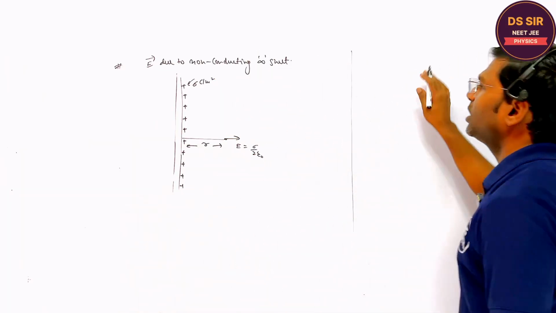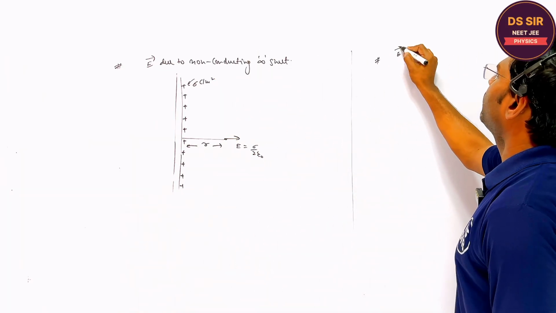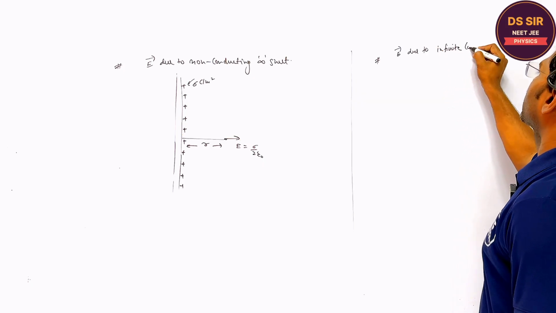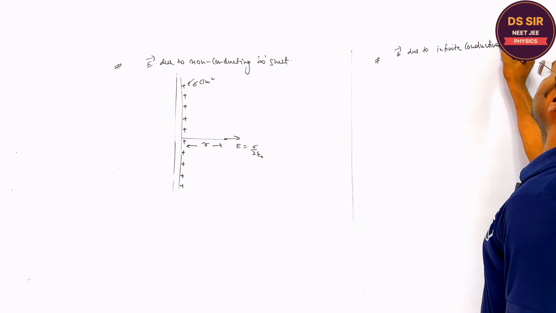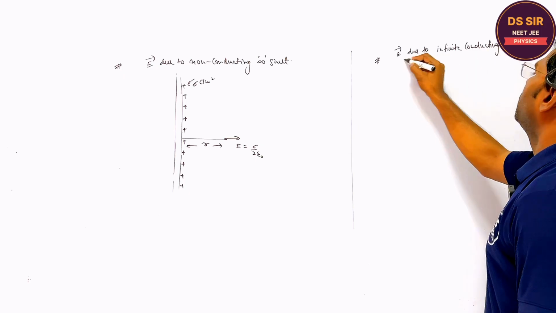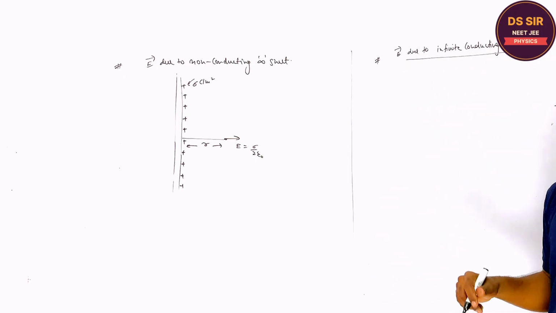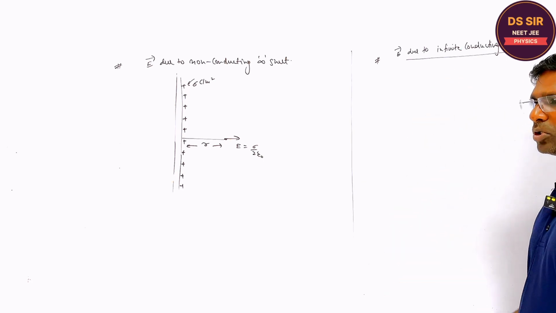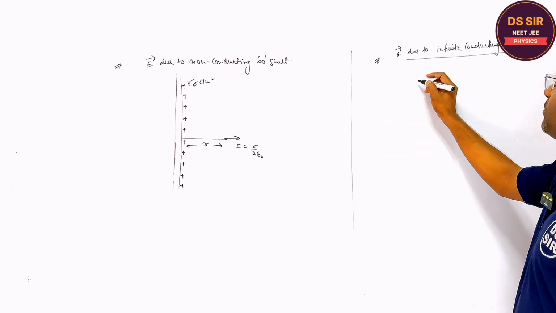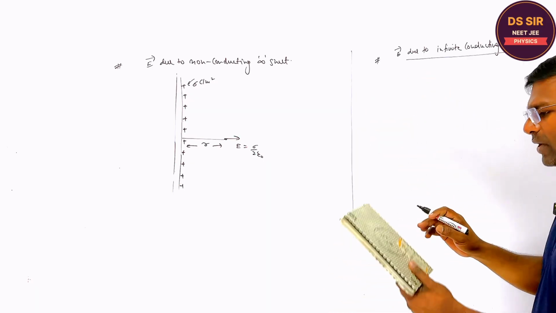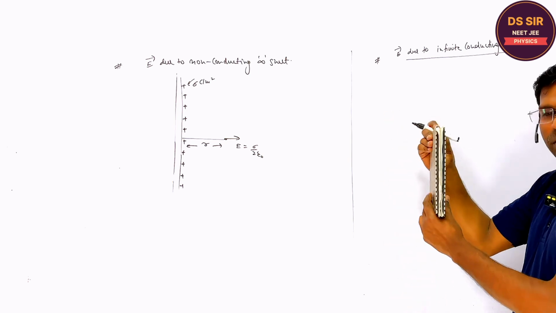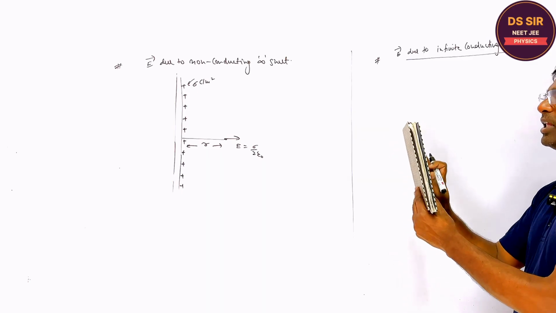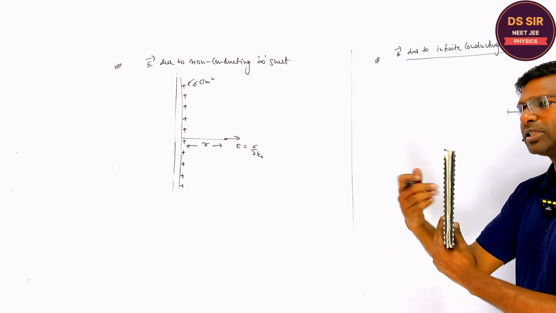But if you consider the electric field due to an infinite conducting sheet, what type of conducting sheet? Like iron, aluminium, copper, any conductor. I will explain the property of the conductor later also, but here you have to understand: if you give charge to a conductor, suppose this is a copper plate, the charge will not remain on this side only, rather the charge will come on the surface on this side also.